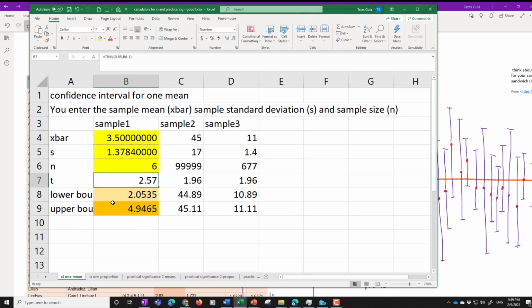Anyway, you enter your particular X bar, in this yellow spot you enter the sample standard deviation, and you enter the sample size, which was 6 because you flipped the coin 6 times, and it spits out this lower bound and upper bound.